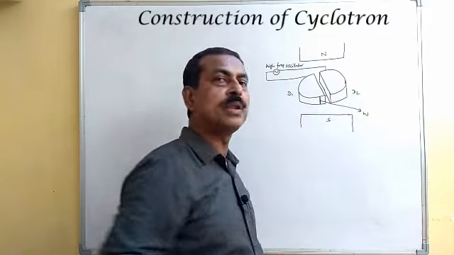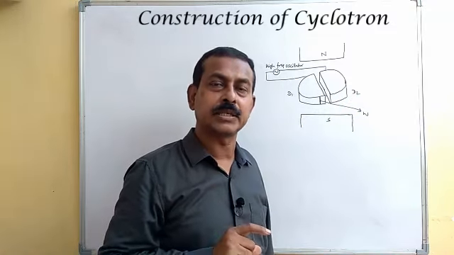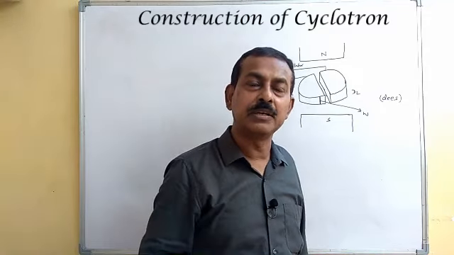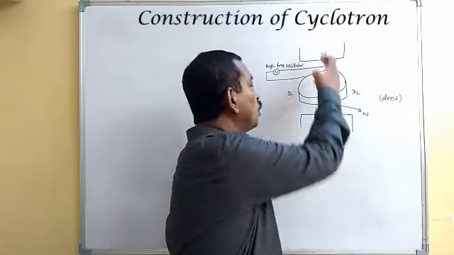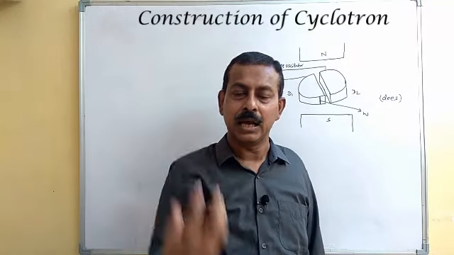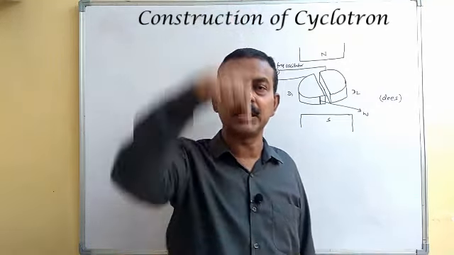D1 and D2 are two semi-cylindrical hollow conductors, and we call them Ds. These two are placed in the region of the magnetic field produced by these pole pieces of the magnet. Suppose we have one pole of the magnet here, another below. That means the magnetic field will be acting in this direction.